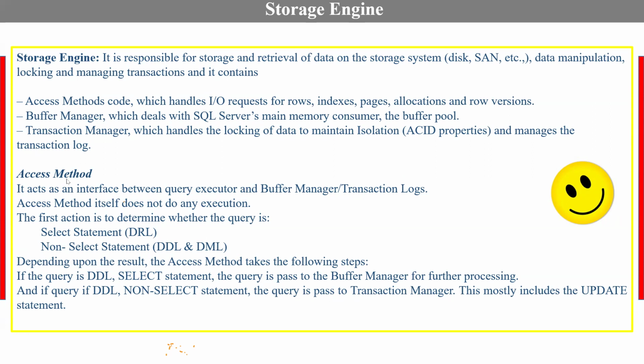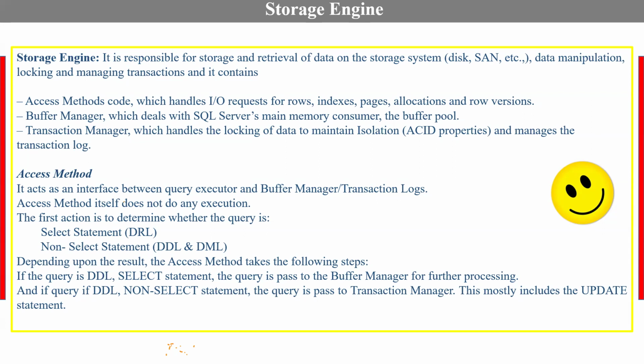Access method contains multiple APIs, application programming interfaces, which can understand what request the user is sending to the storage engine: whether he is trying to create, insert, update, delete, alter. Access method can understand easily, based on internal programming, what kind of request the user is performing.